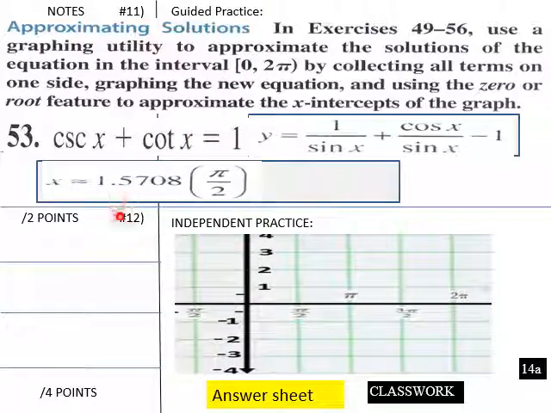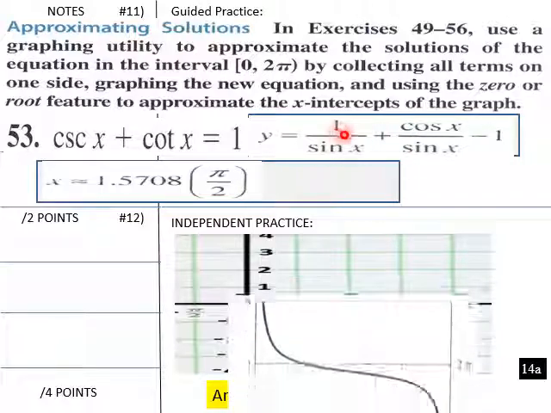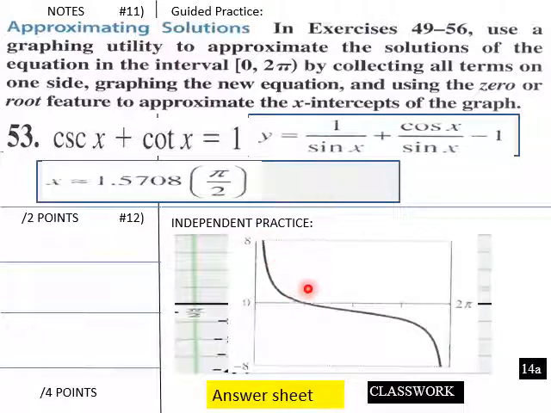And then x in this case would equal 5.708, or pi over 2, when you get through combining your terms. And then this would be your graph of this expression when you put that on your calculator, so no doubt this is pi over 2.